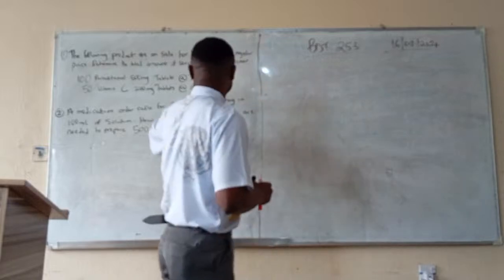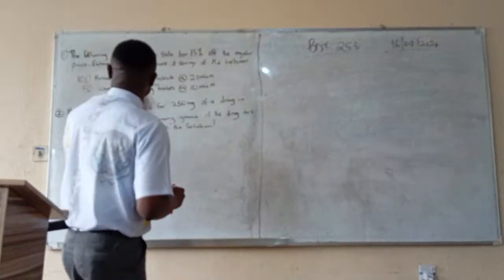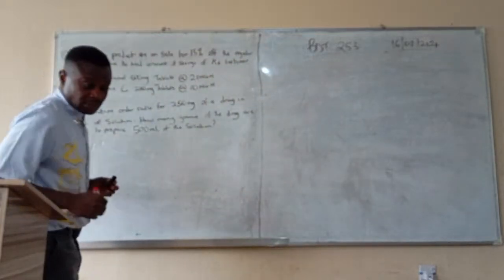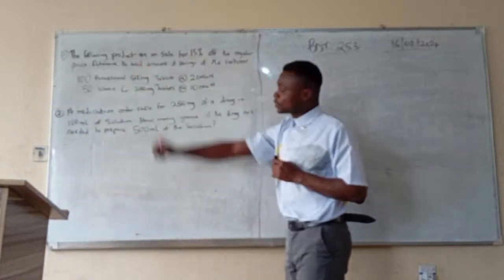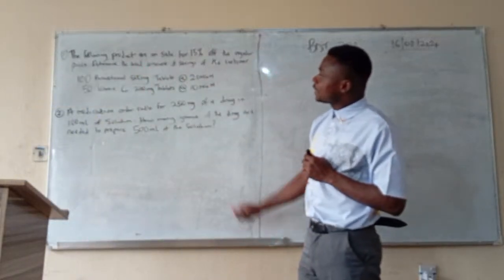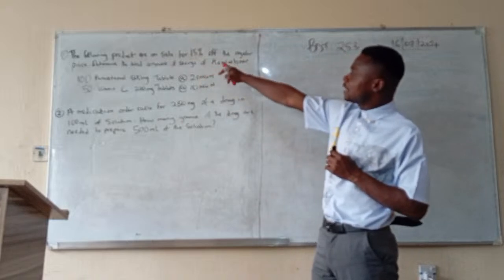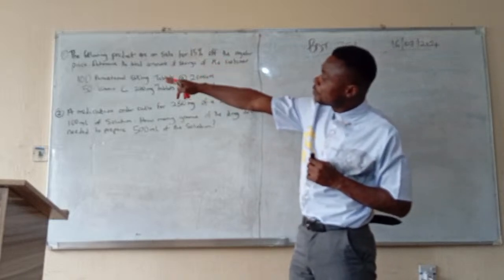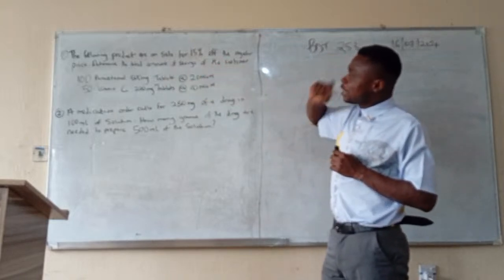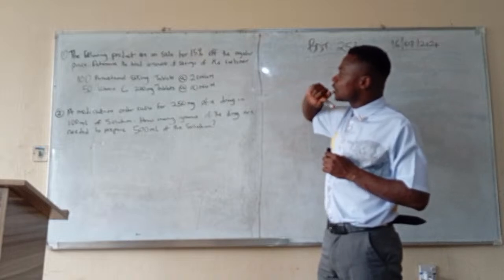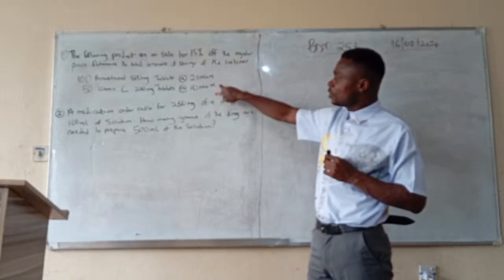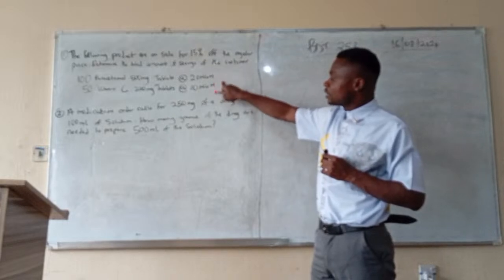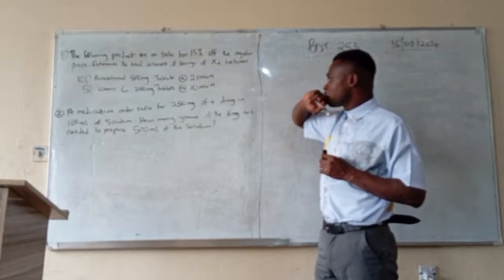All right. So we look at this question and we take it off from there. The question says the following products are on sale for 15% off the regular price. Determine the total amount of savings of the customer. So this is the prescription, or call it order, as the case may be.